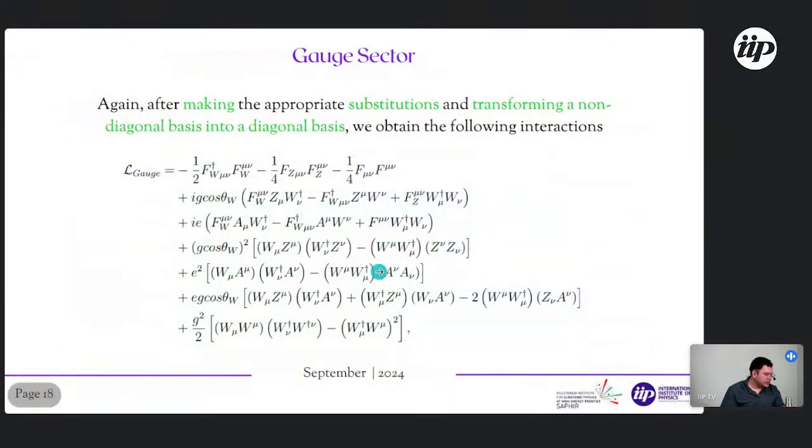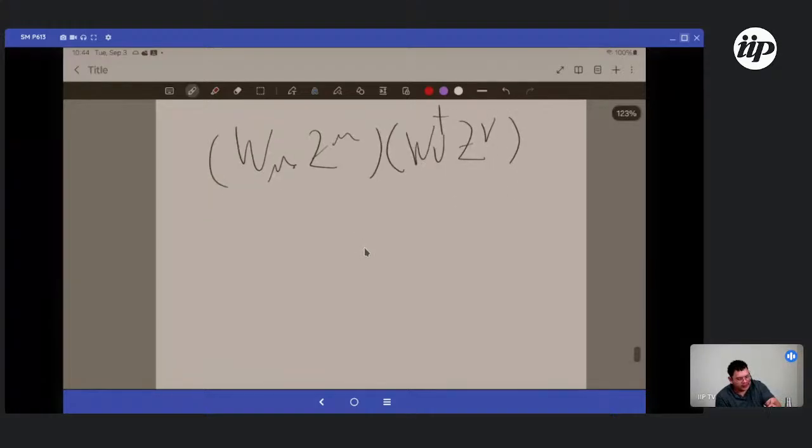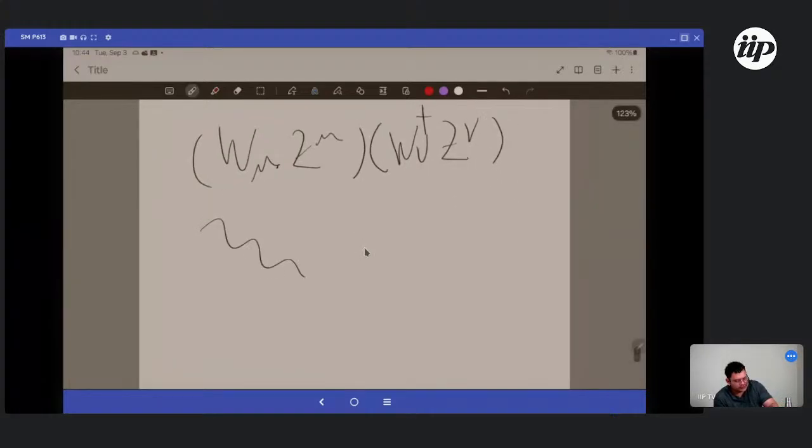For example, here I write that Lagrangian. The interpretation via Feynman diagrams is basically interactions between two bosons.